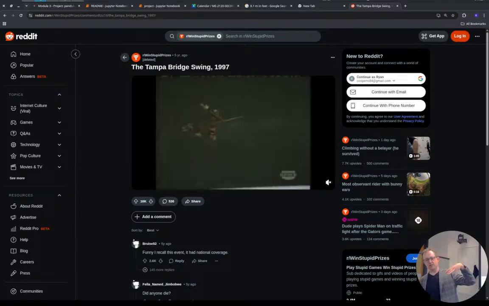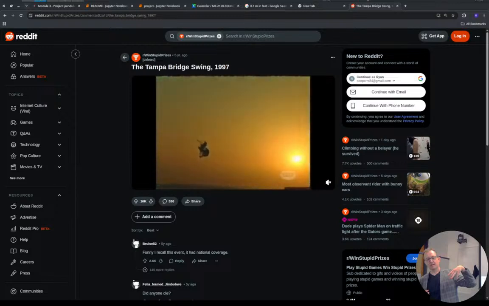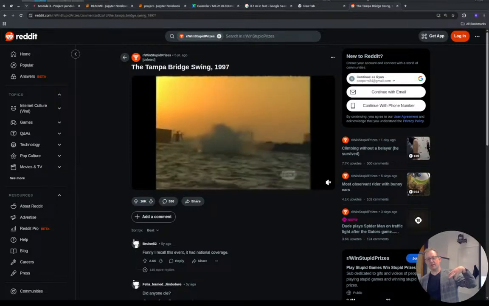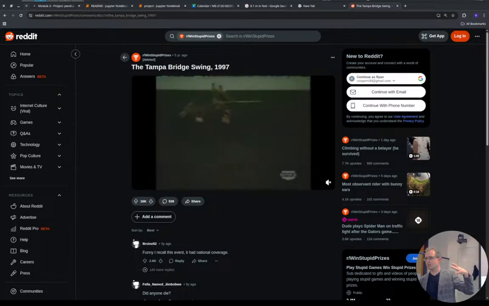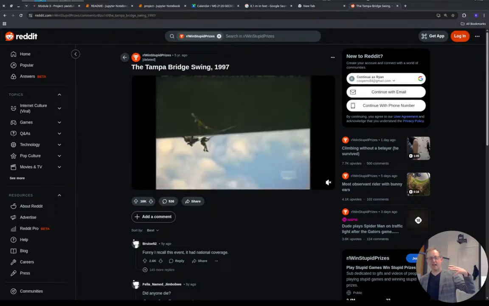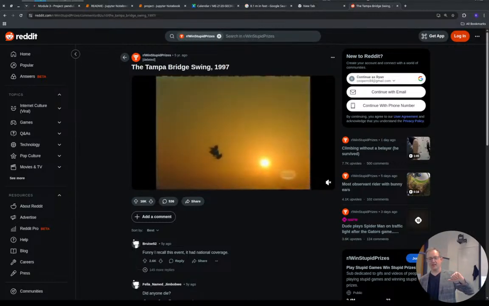Then they're all attached to each other, and then they jump off. But they didn't do the calculations correctly, so right where kinetic energy is the highest, the cord breaks. I think no one died, but it was a close call. It was bad. There were a lot of injuries. Things didn't work out very well.